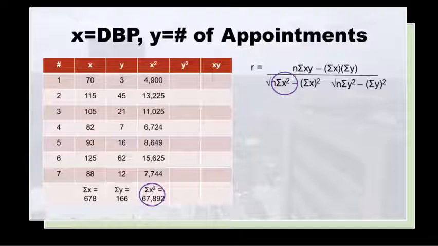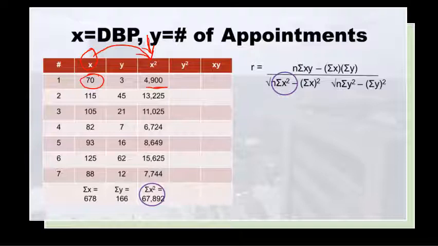For the next column, for this one right here, all this is squaring x. You take your x's, and for each one, you square it and put it here in this column. So basically, 70 times 70, or 70 squared, is going to equal 4,900 right here.